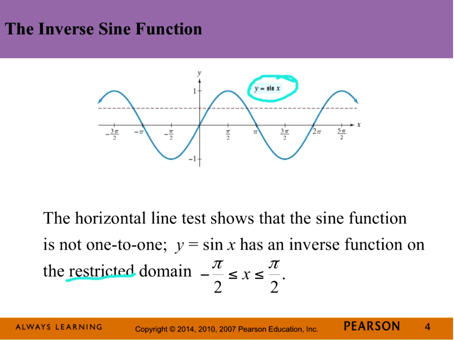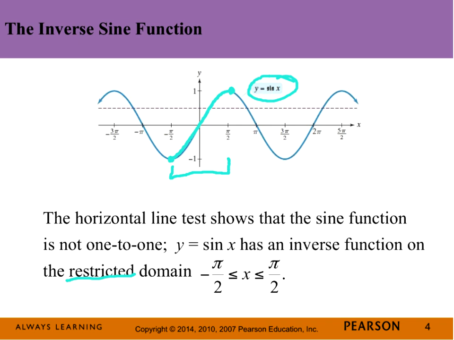However, if I restrict my domain between negative pi over 2, actually, I guess it's not a full period, rather half a period, to pi over 2.